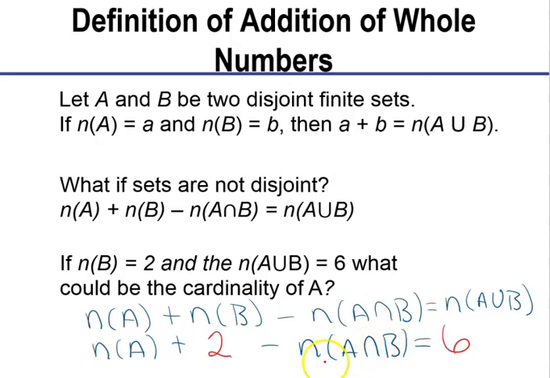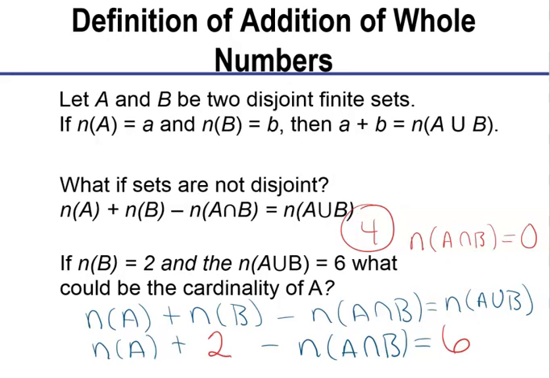Now if we knew that the intersection was equal to 0, we would know that the number in A would have to be 4, right? 4 plus 2 is equal to 6. But that's if the number in the intersection is equal to 0, which means they're disjoint. So, 4 is a possible answer.